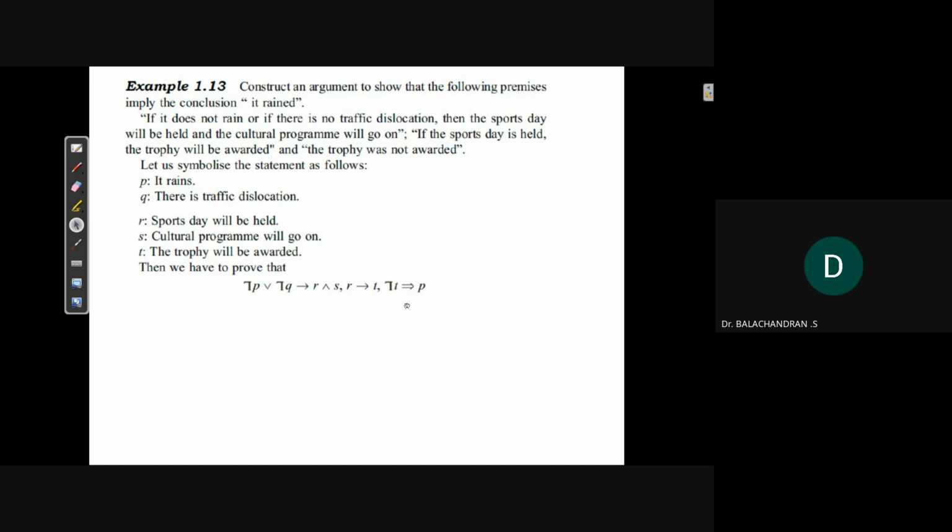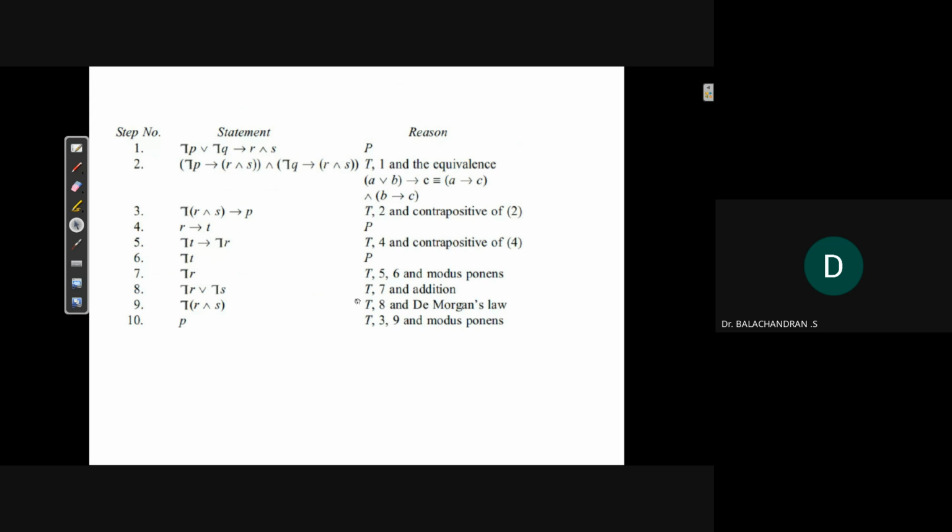We have the same set of premises, so we'll discuss here. First I will take negation P or negation Q implies R and S. This is the given, maybe the first premise. From here to here, how to get it?